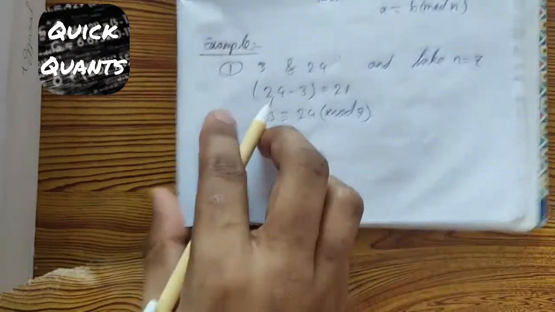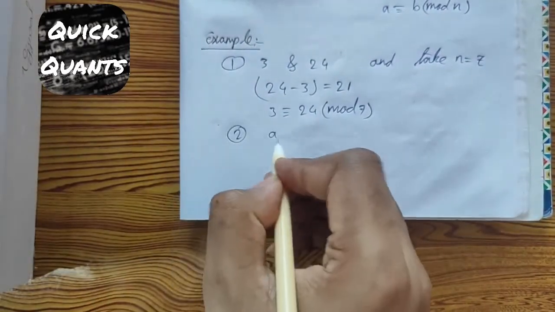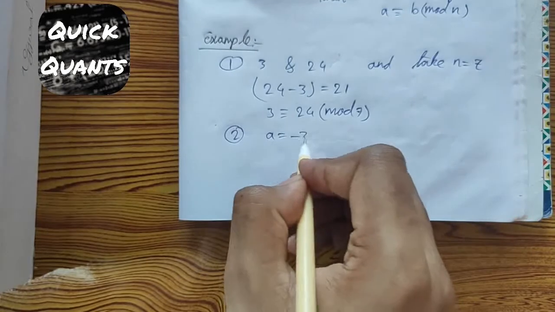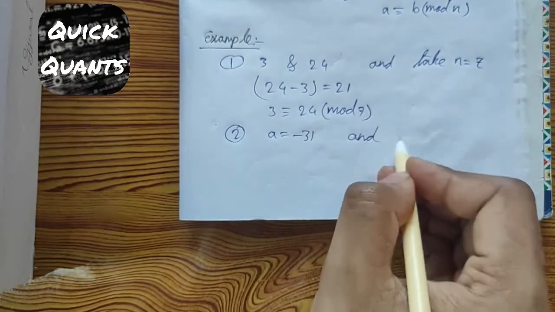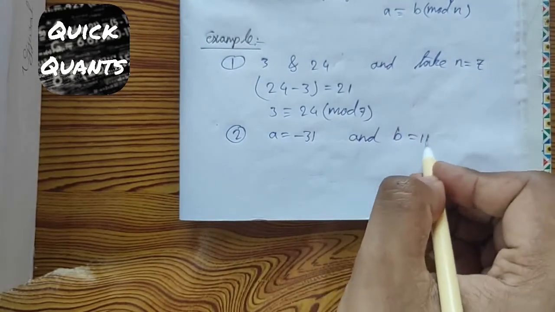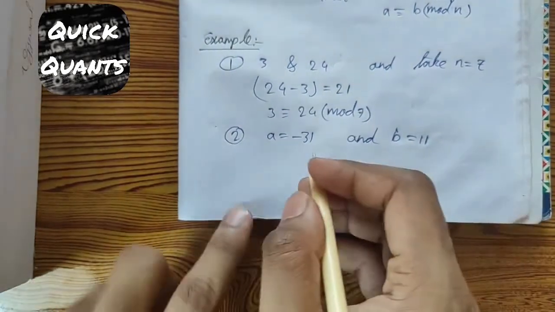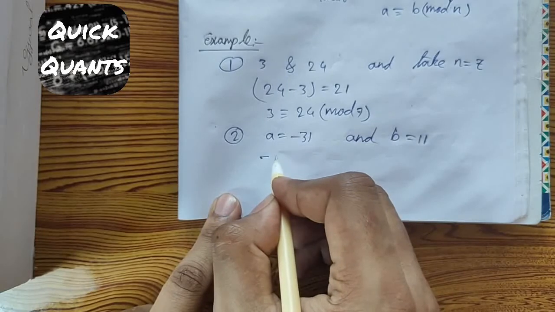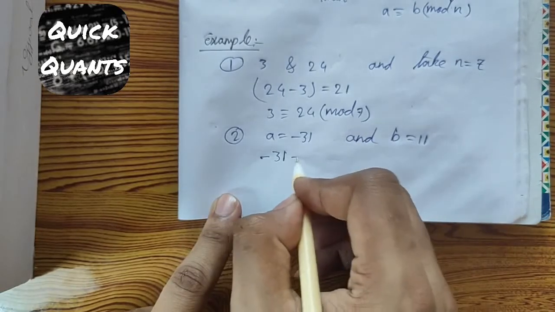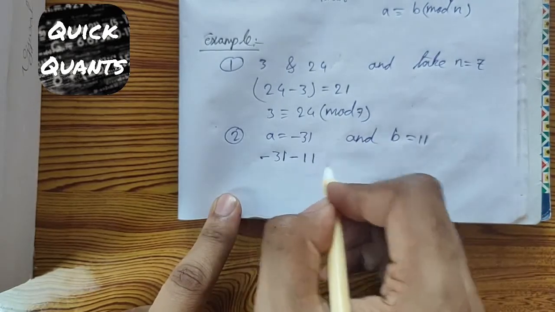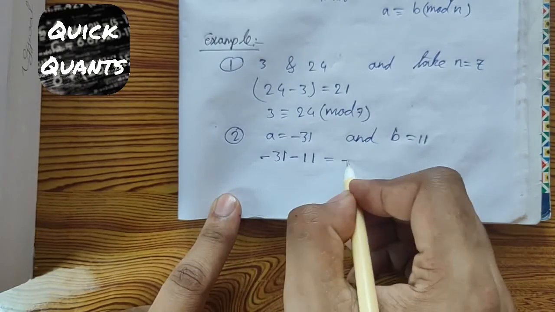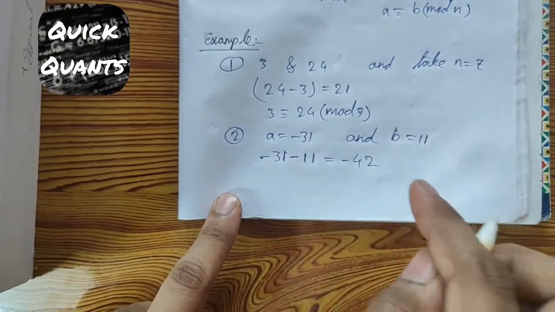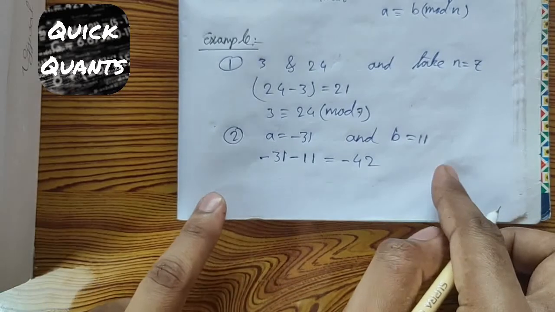Let's take a as minus 31 and b as 11. Here, just subtract them: minus 31 minus 11, and the value is minus 42, and we can divide minus 42 by 7.